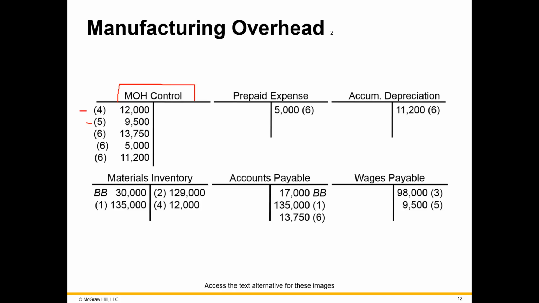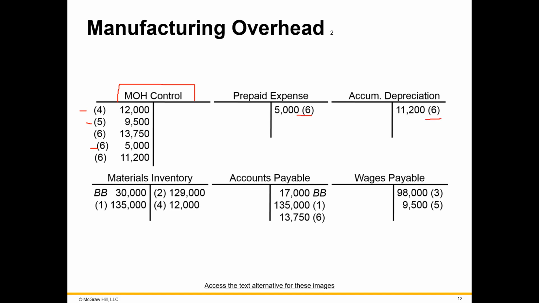So all these expenses that we looked at on the prior slide, they all get debited to the manufacturing overhead control account. And then they're credited accordingly to the accounts that they relate to. So here's the 5,000 prepaid expense, the accumulated depreciation of 11,200.